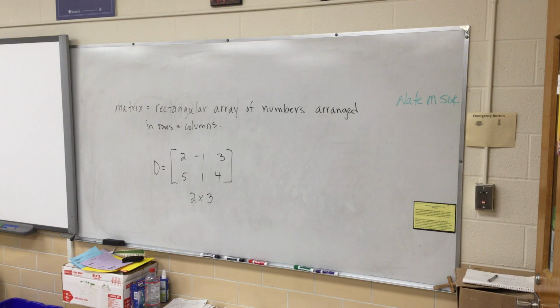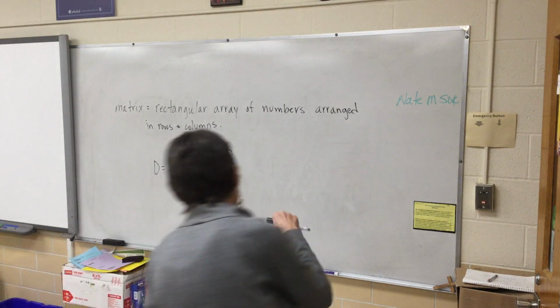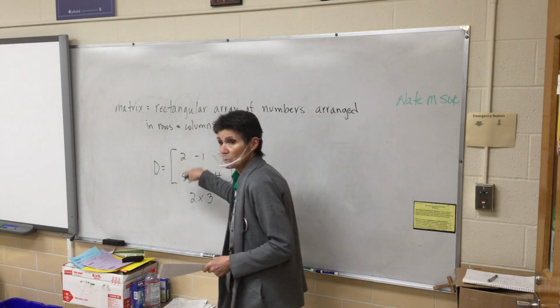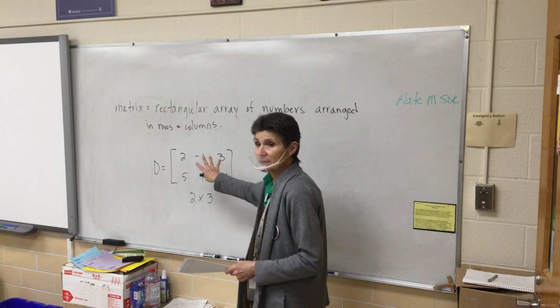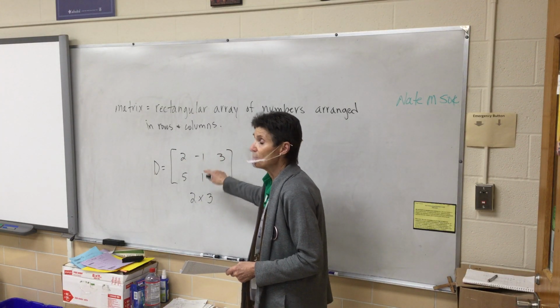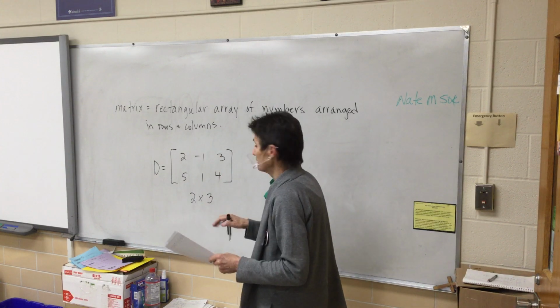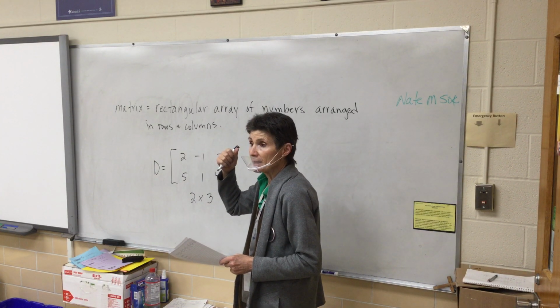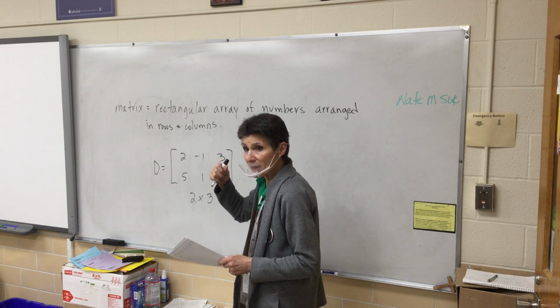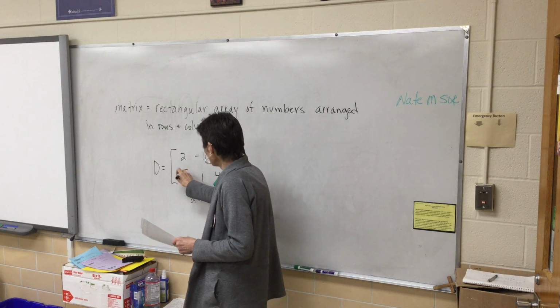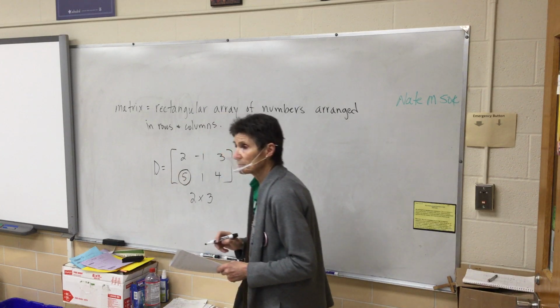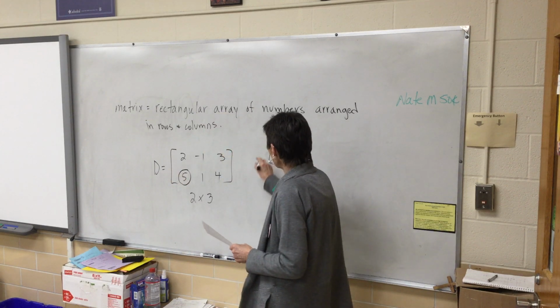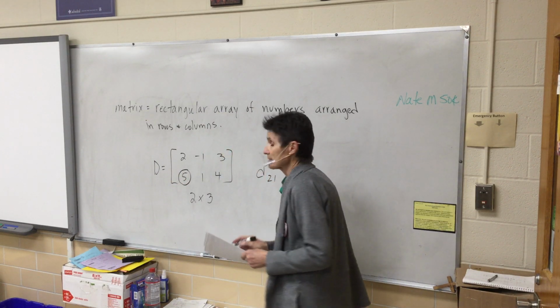The numbers inside the matrix, so the matrix is full of numbers. These are called the entries, also called elements. These are the entries and the elements of the matrix. If I am talking to someone on the phone and they can't see my paper and I want to talk about that number, I would refer to it like this.